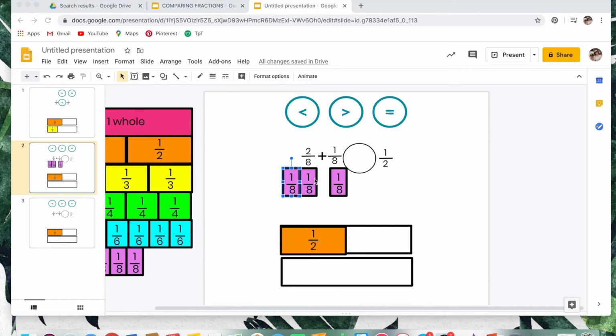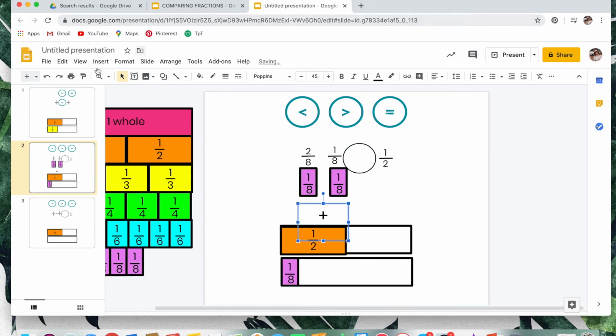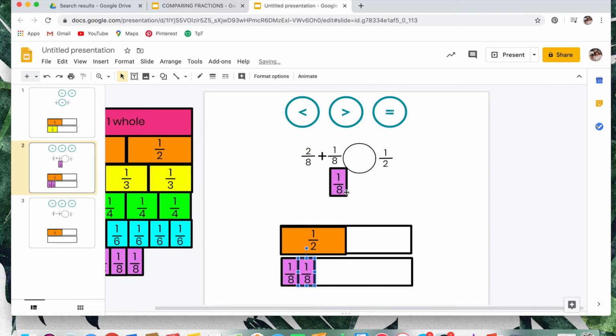So I'm going to drag these fraction tiles down below 1/2 so I can compare them and see if this amount of eighths is bigger or smaller than 1/2. So now I have my 2/8 plus my extra 1/8. So I can see that gives me 3/8 total.